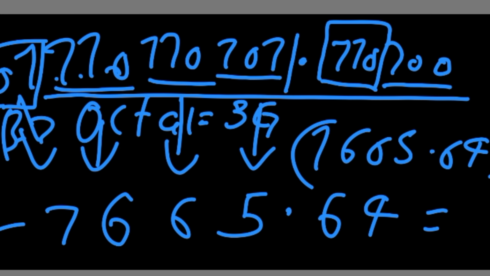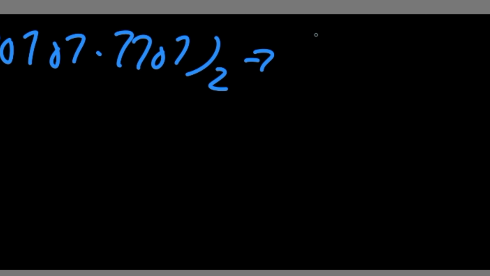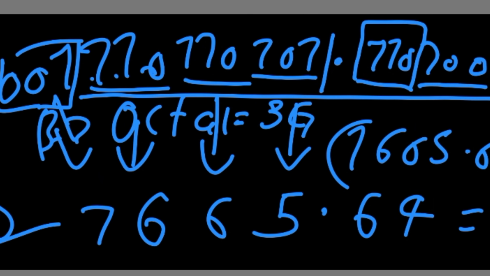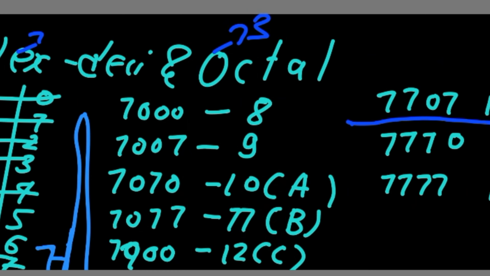Now let's turn the same number into the hexadecimal number system. 110110101110 base of 2 into a base of 16. So how do we convert that? It is very similar to the octal number system. Same as that, we take the number from the table.